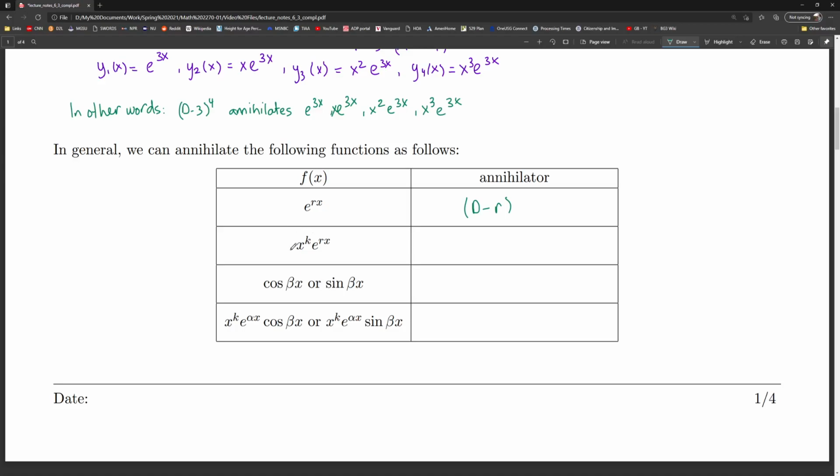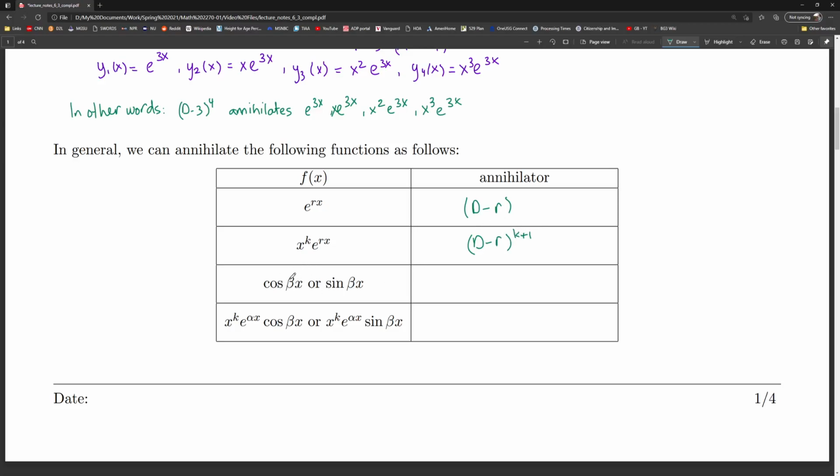And then if we have a power of x in front of e to the power rx, then we can annihilate that by D minus r to the power k plus 1. So you need a power that's 1 higher than the power of x, and any power higher than this will also work.